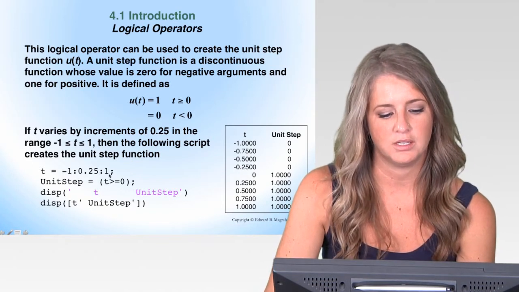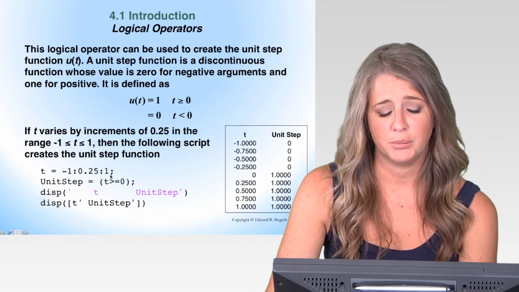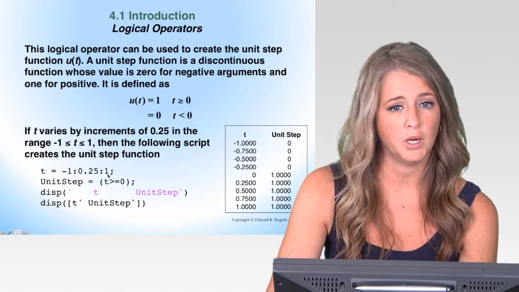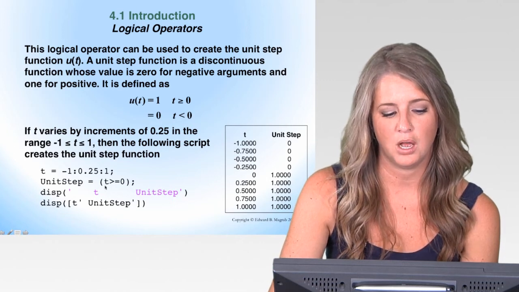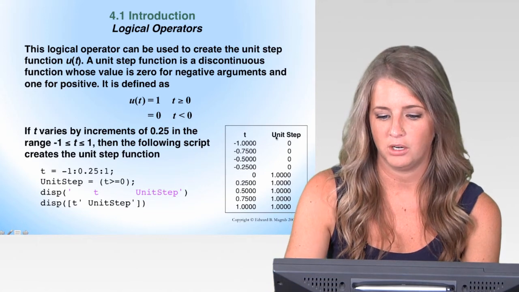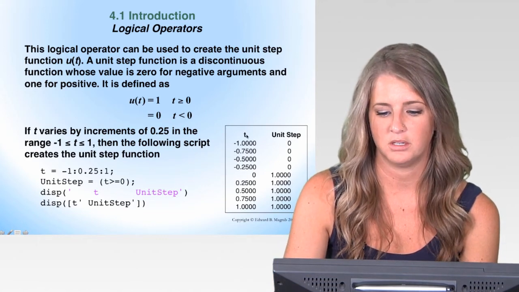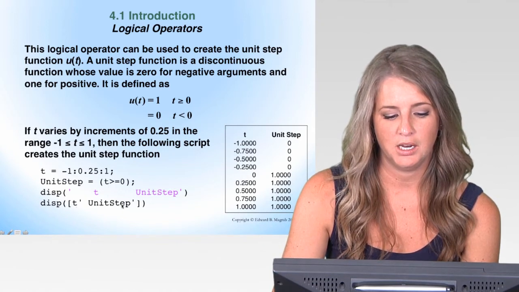So here we're using our colon notation where we're doing the increments of 0.25 from -1 to 1, and then for the unit step, we're using our relational operators. This here is going to display our table. This is just going to display the text headers here, and then we're going to display t and unit step.